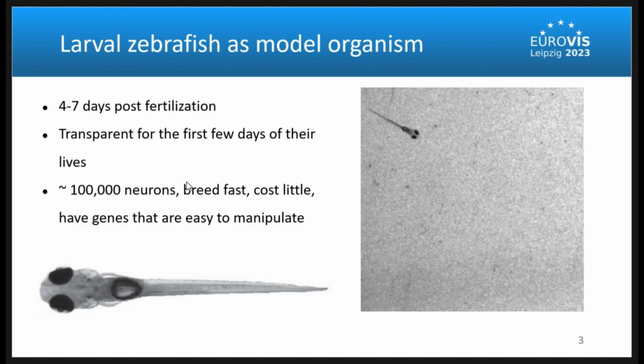Other advantages are that there are around 100,000 neurons, they breed fast, cost little, and have genes that are easy to manipulate. On the right hand side, we show a video of a larval zebrafish swimming.